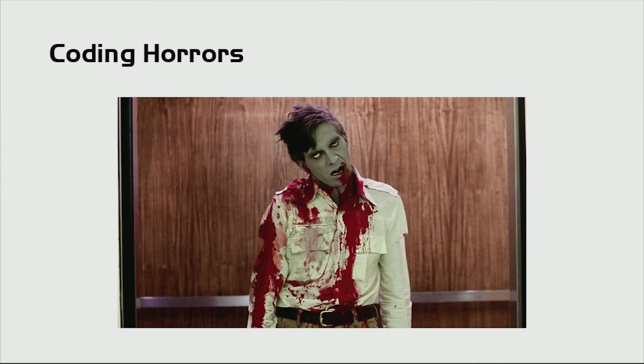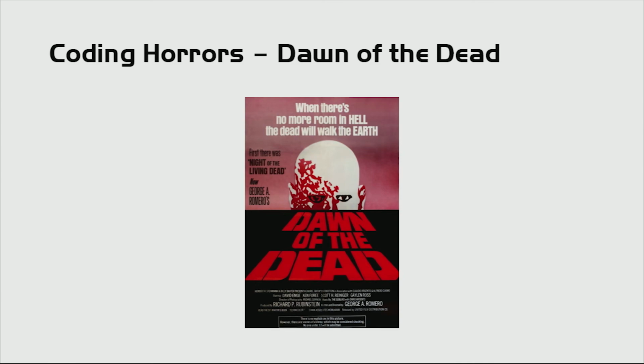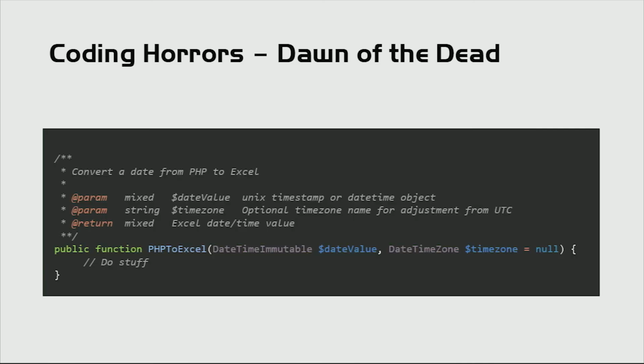Someone said this one earlier. This is Dawn of the Dead. More dead code. And for those of you who know me and know that I am responsible for PHP Excel with all its failings, I'm subject to coding horrors myself. We're back to zombies and dead code. Why is this dead?